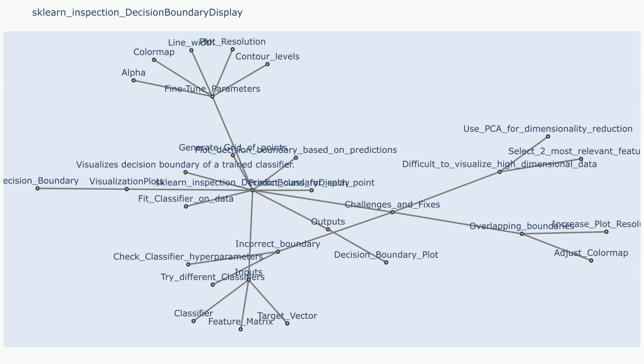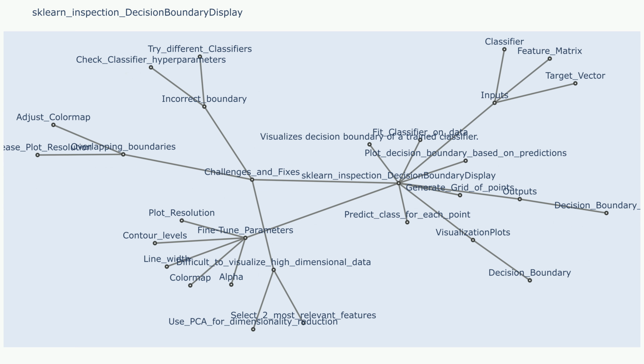Challenge 1: incorrect feature scaling. If the features in X have significantly different scales, the decision boundary might be skewed, making it difficult to interpret. Sample use case that resulted in challenge 1: you are trying to visualize the decision boundary of a classifier trained on data with features such as age ranging from 18 to 80 and income ranging from 10,000 to 1 million.